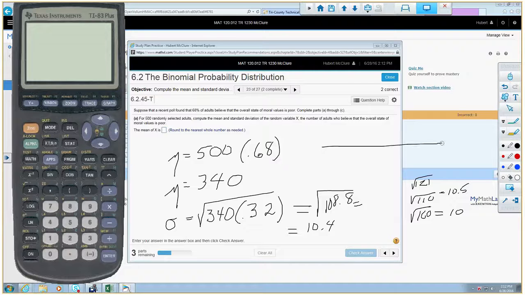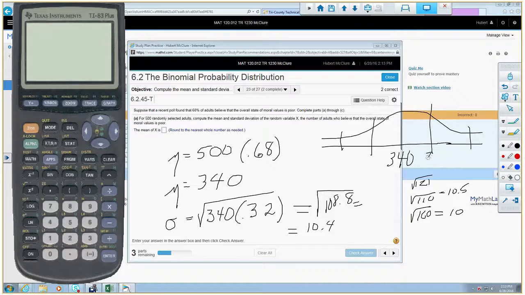We take it and draw a picture. Our mean is 340, and our standard deviation is 10. Well, it's 10.4, Hubert, but I'm rounding just to get some kind of picture of what is unusual or not.